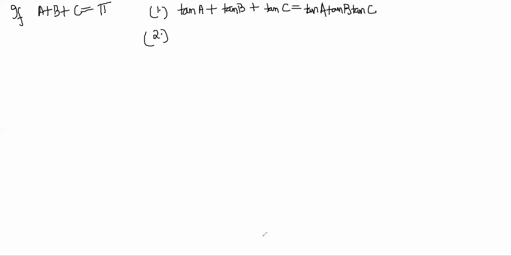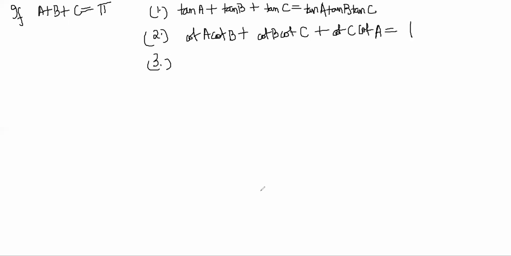The second one is cot A cot B plus cot B cot C plus cot C cot A is equal to 1. Third one is the summation of tan A by 2 tan B by 2 is equal to 1.